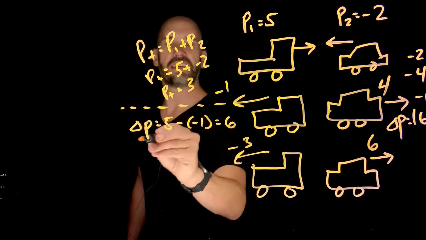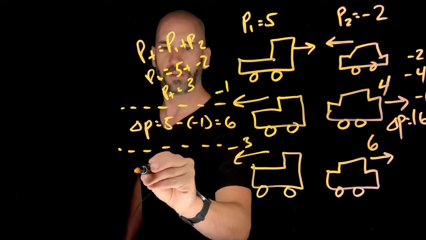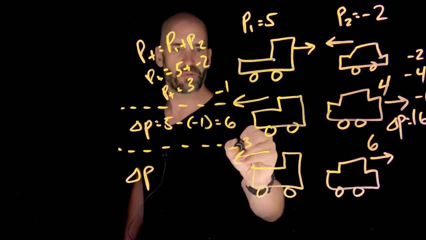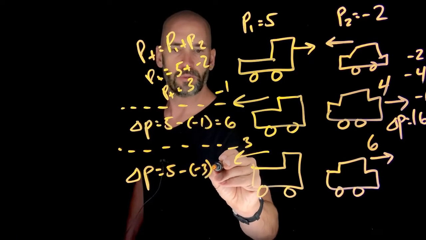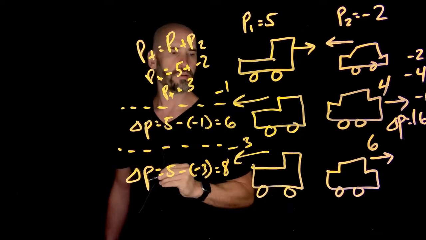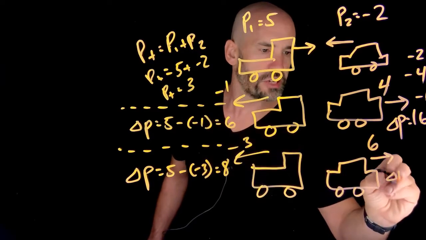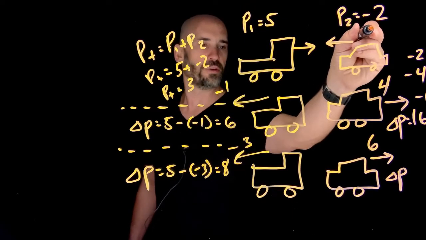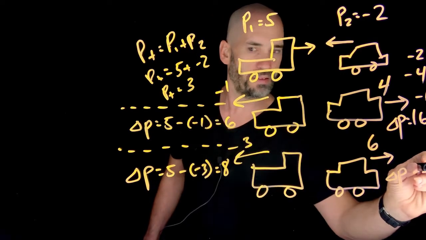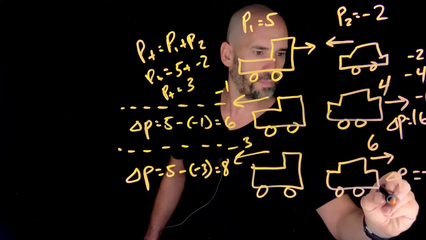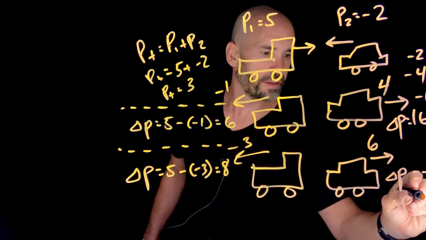Okay, so let's again look at the change in momentum. We started out with 5, we end up with -3. So this would be 5 minus a -3, which would be 8. And here, the change in momentum would be -2 minus a -6, which would be -8, or a magnitude of 8.